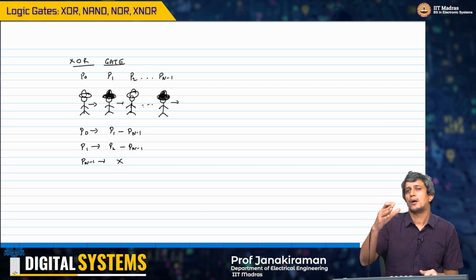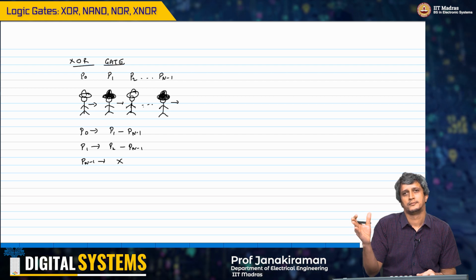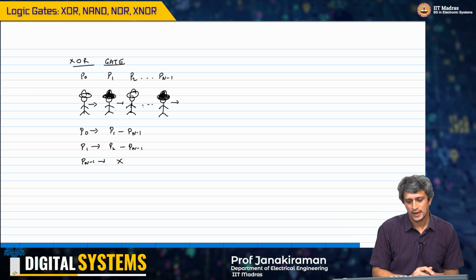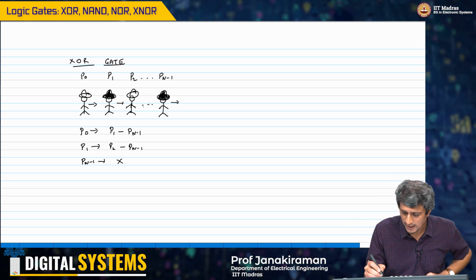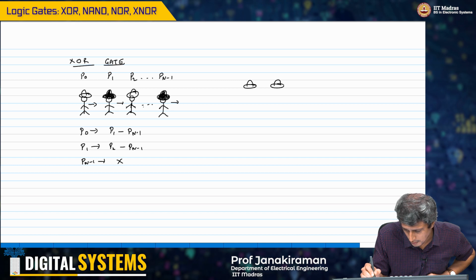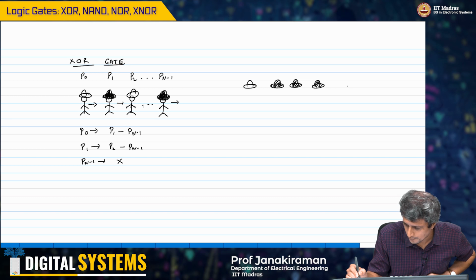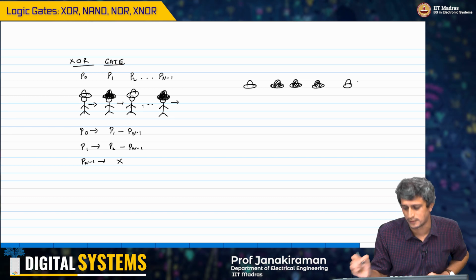white if the number of white hats happen to be odd. Okay. So let's maybe take a concrete example. Let's say this is white hat, black hat, black hat, this is a black hat, right, and this is a white hat.